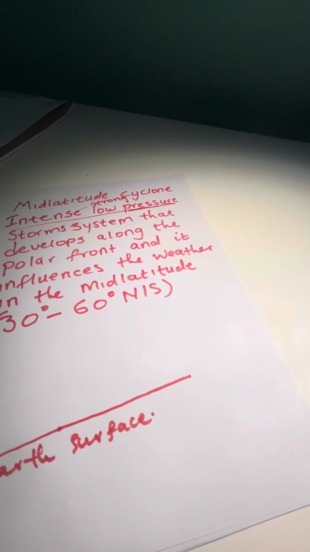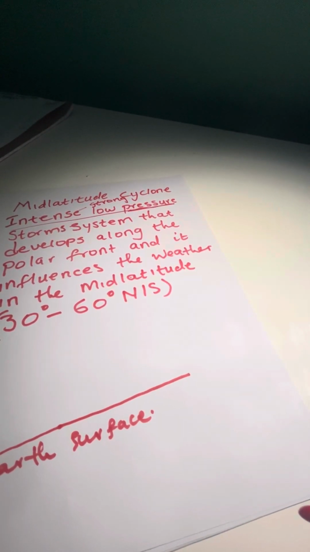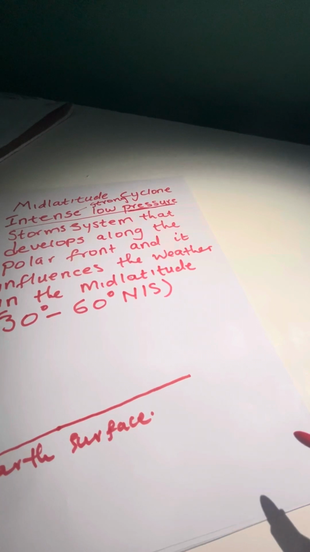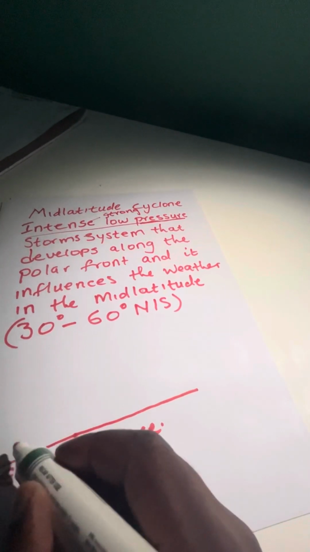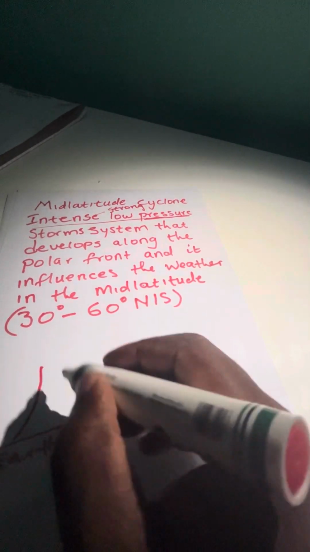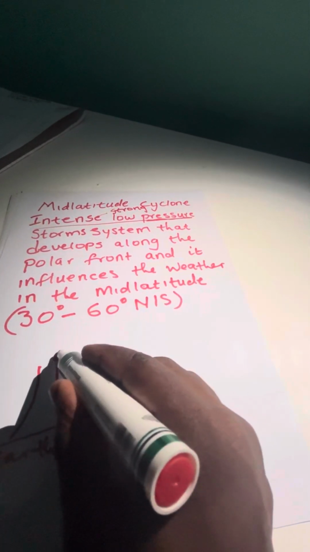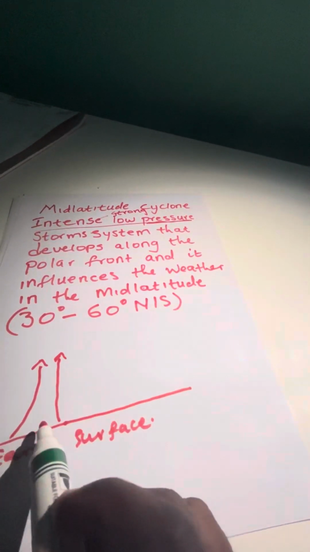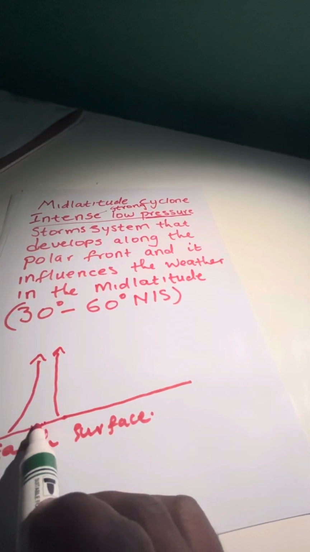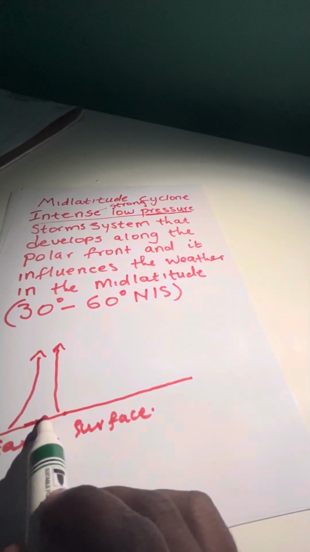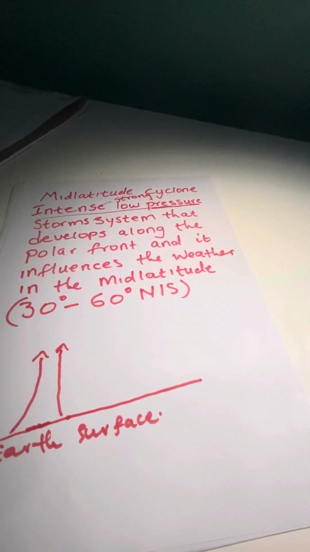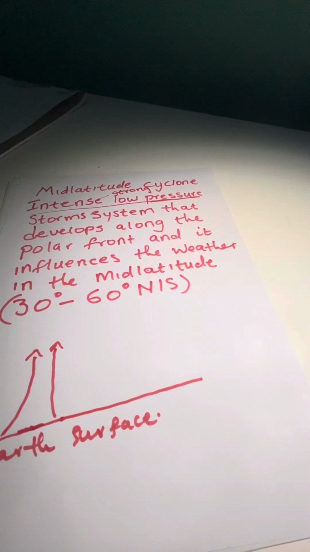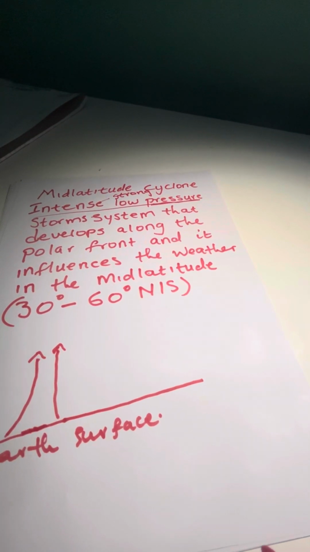So when we talk about low pressure, it means that there's less pressure on Earth's surface, and that can happen when air rises. It means that the pressure which was on the Earth's surface has been lifted up. And what is it that causes this air to rise?